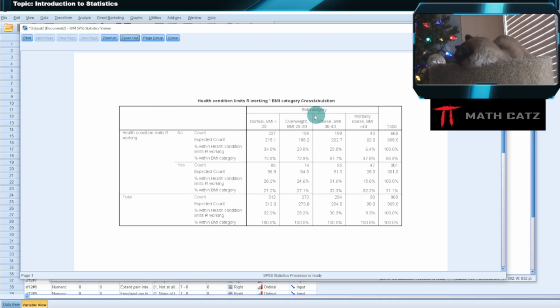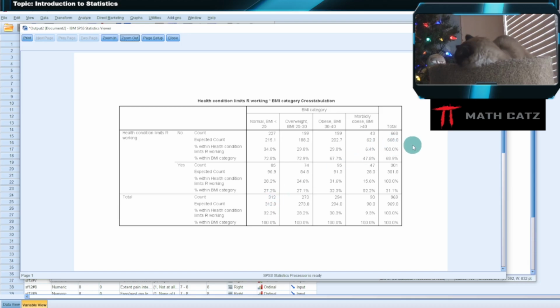If these two variables are independent, then it shouldn't matter whether you're in the normal group or the overweight group or so on. The frequencies or the count that we expect, the number of people, should be proportional to how much is in that category.